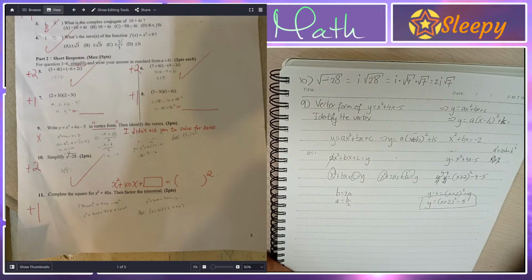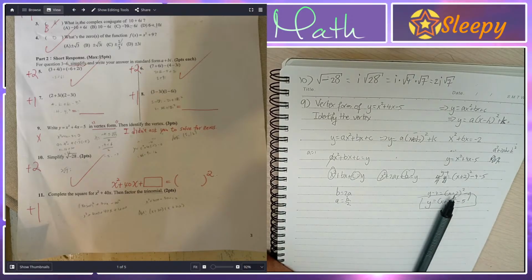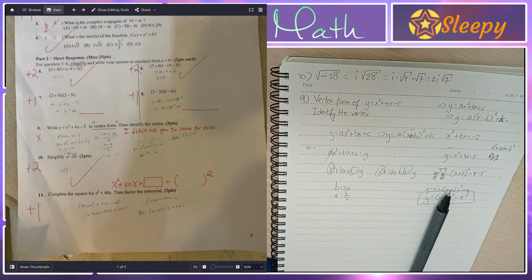And identify the vertex. So what does that exactly mean? What is the vertex?